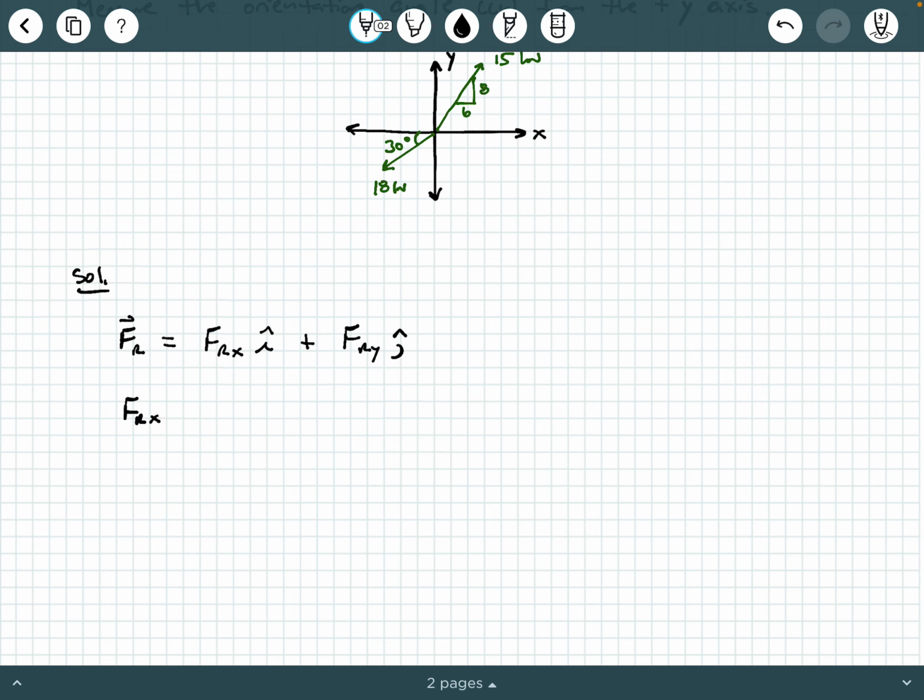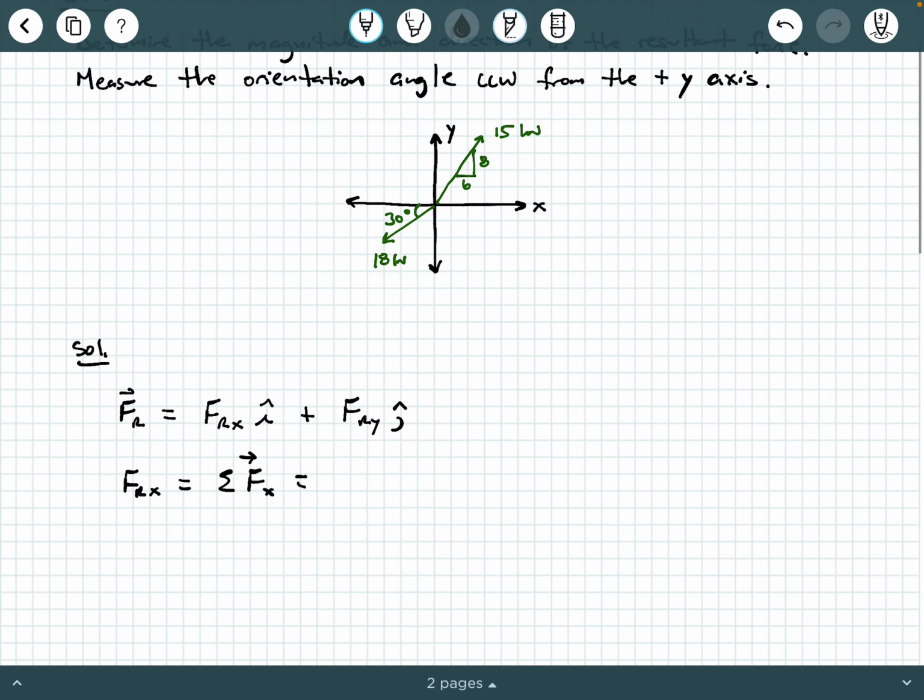Well, FRx is going to be equal to the sum of all of the x components in that system. And so what we do is we add up the x components of the 15 kilonewtons with the 18 kilonewtons, and we have to be careful that we pay attention to what quadrants they're in.